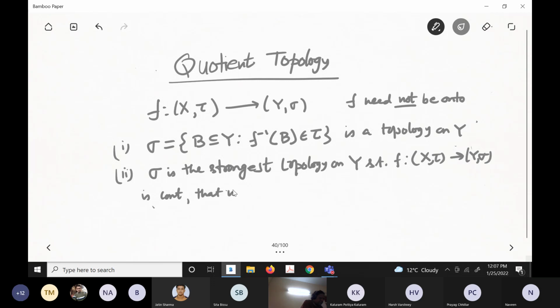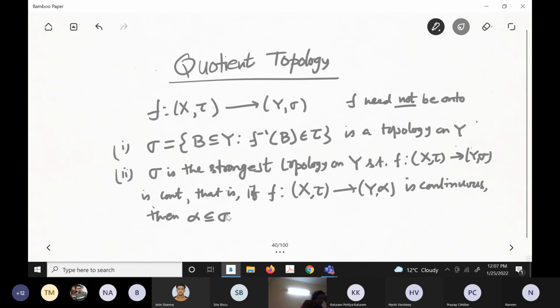If f from (X, tau) to Y with another topology alpha is continuous, then alpha is contained in sigma. Because if it is continuous, it will be here, and by definition, it will be in sigma. So this is the definition, you should understand.